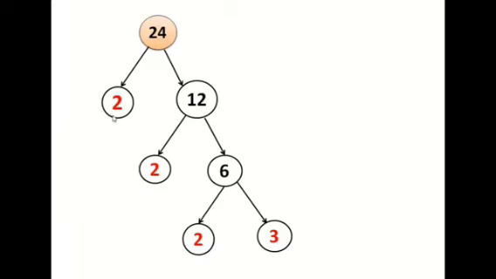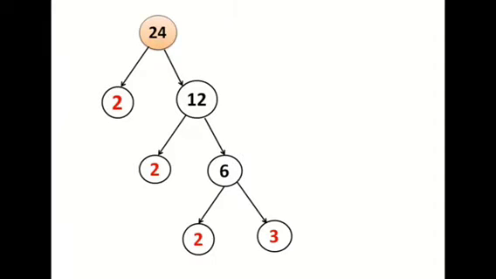How? Just multiply these numbers: this 2, this 2, this red 2, and 3. If you multiply, the product will be 24. We will do all the ways. I will show you how we can do the factor tree in different ways.